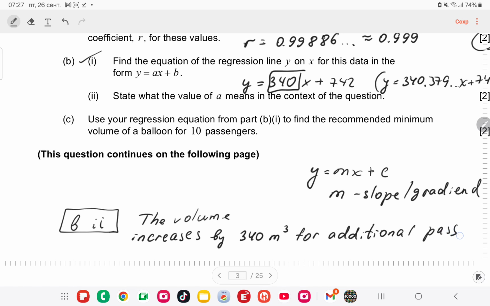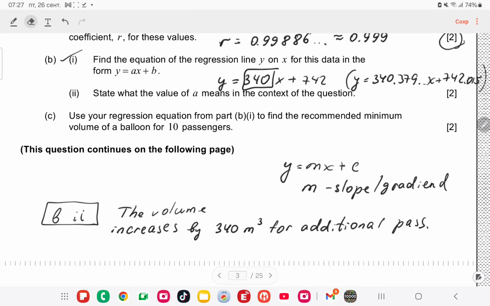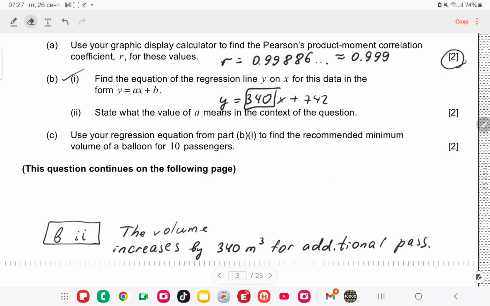That's how our answer should look. Approximately, it takes about 1 minute. Now you got full marks for part B.